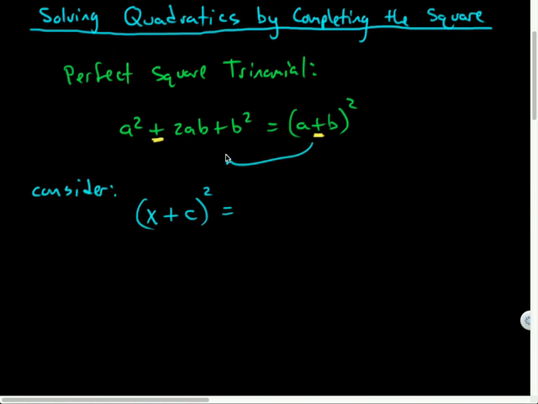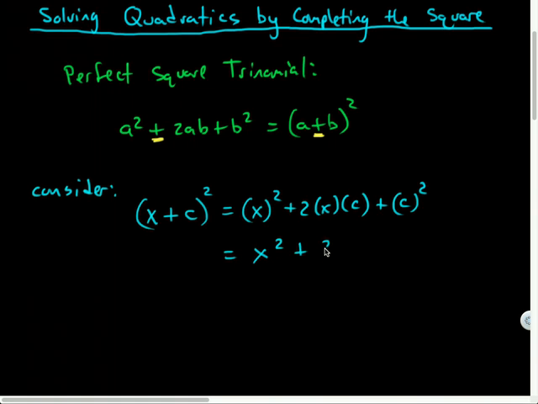X squared plus 2xc plus c squared. You guys agree with that? So this would simplify to being x squared plus 2cx plus c squared.